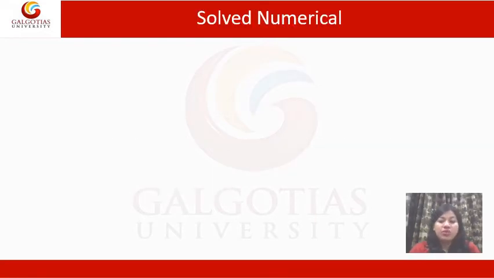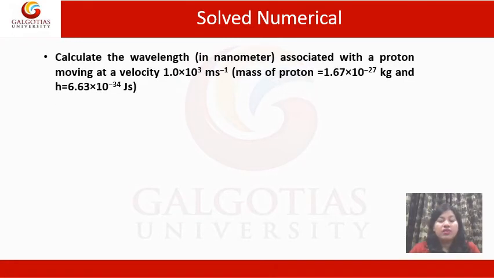Now we solve some numericals based on de Broglie's theory. First question: calculate the wavelength in nanometers associated with a proton moving at a velocity of 1 × 10³ meter per second, where the mass of the proton is 1.67 × 10⁻²⁷ kilograms and h has a value of 6.63 × 10⁻³⁴ joule second.